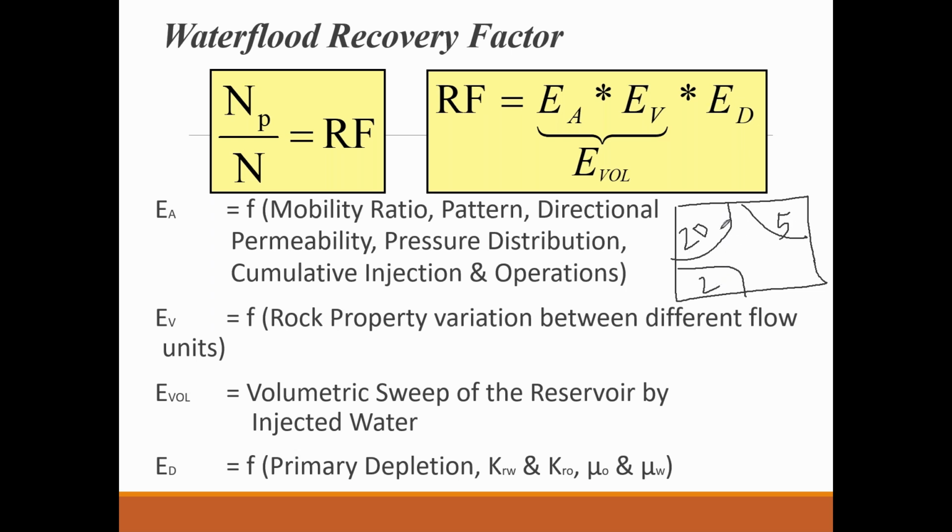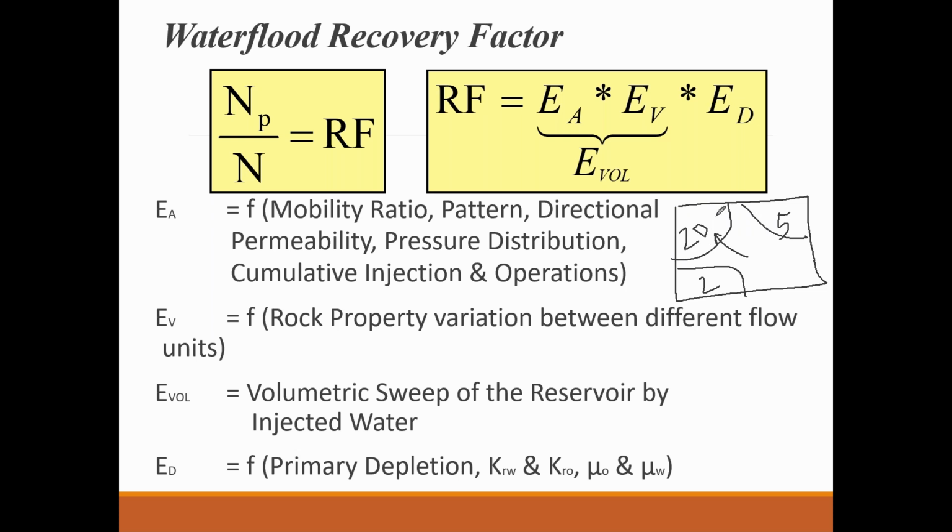So what do you think the voidage will be maximum in? Provided all are producing with similar rates. Even though I am producing this reservoir at the same rate from all the wells, this voidage will be maximum in this area, and the pressure sink that will be created will be maximum in this area.